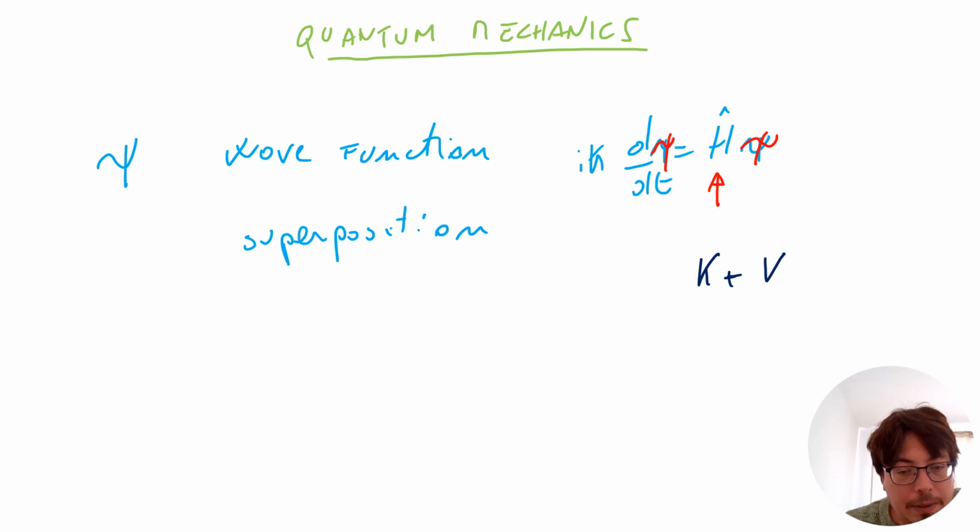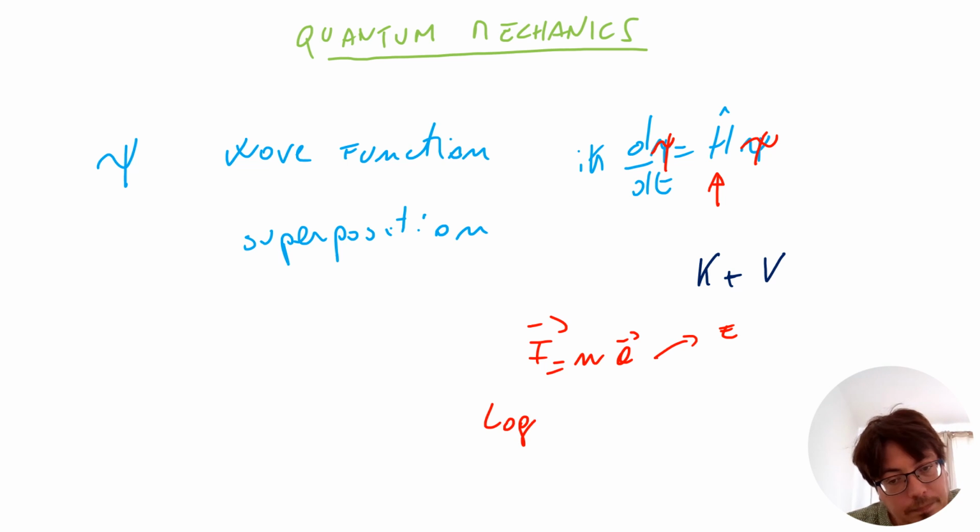We always talked about F equals ma. I will possibly make a video that allows us to look at the energy version of this equation, that then leads to the Lagrangian and Hamiltonian formulation.